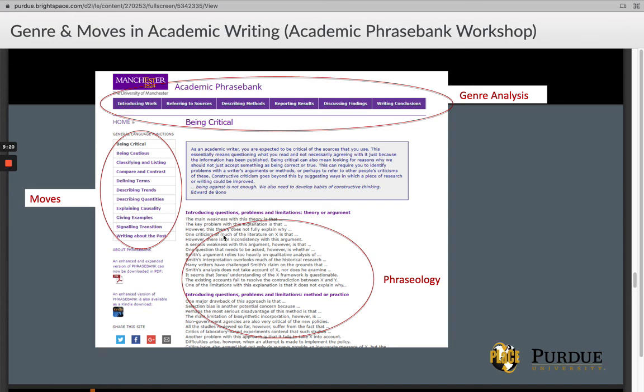And so phrases are and sentence parts, so clauses. So it's basically, this is why it's often called chunks. These groups of language can be as short as a few words to almost a complete sentence. So this is one example, but there are many, many different phrases for each move.